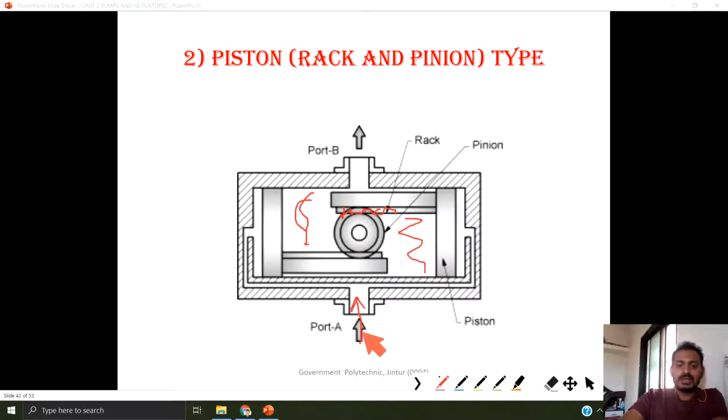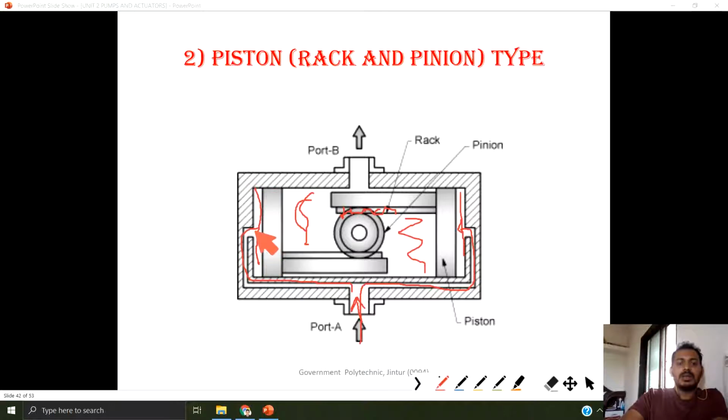So when we are supplying the fluid from port A, it is going through this gap, and now it is available on either side of the piston, on this side and also on this side.